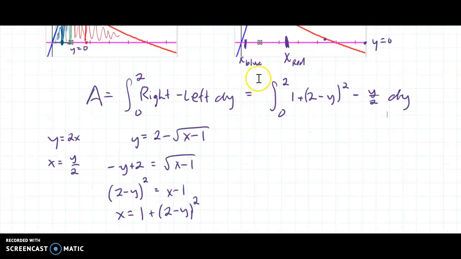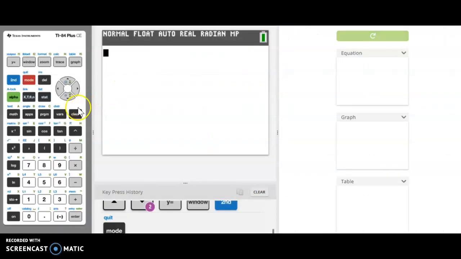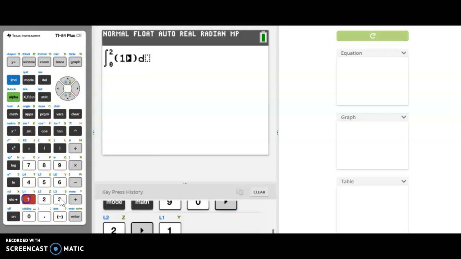Now what I'm going to do is type this into my calculator. So we go math 9, 0 to 2 of 1 plus, open parentheses, 2 minus, and now there's a couple ways we can do this part.